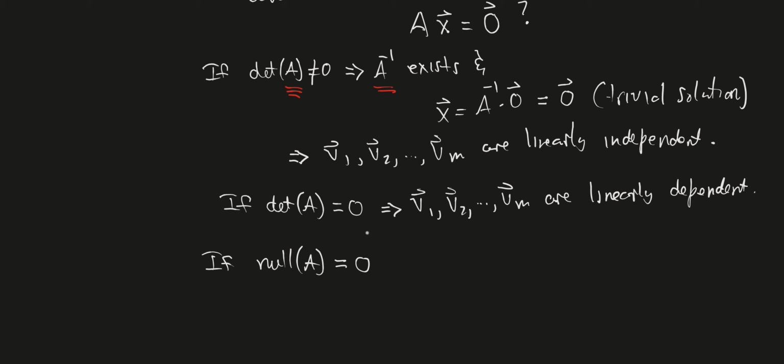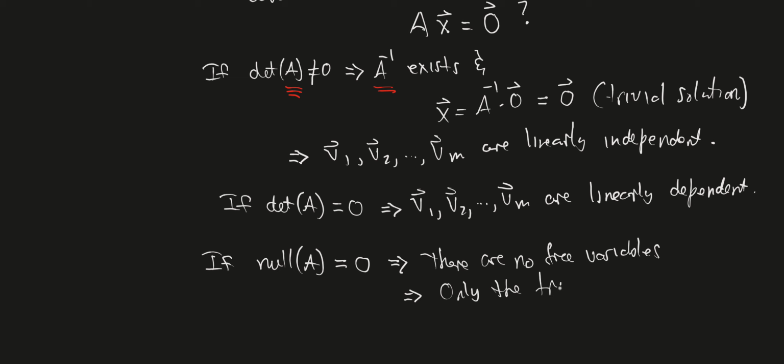So again, you will only have the trivial solution. So if the nullity of the matrix is equal to 0, this implies that there are no free variables, and if there are no free variables, then in a homogeneous system, the only solution you have is the trivial solution.